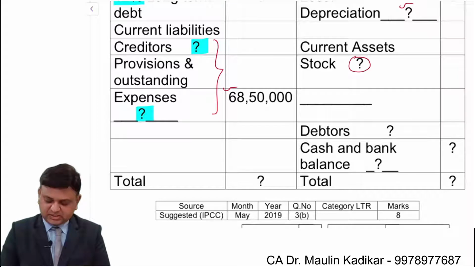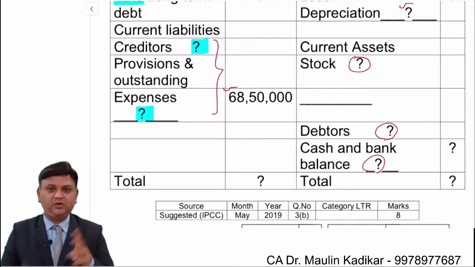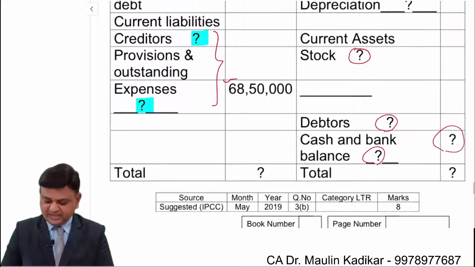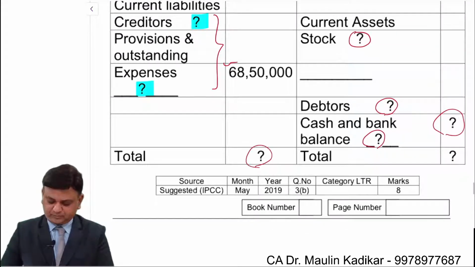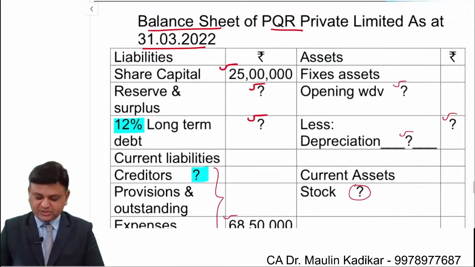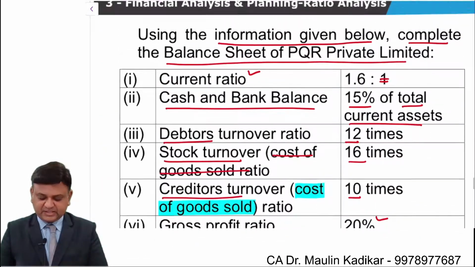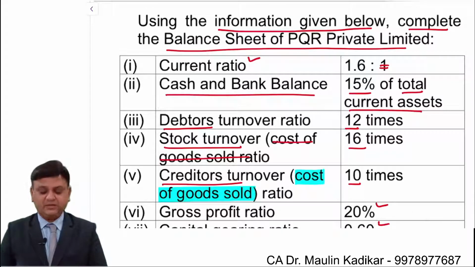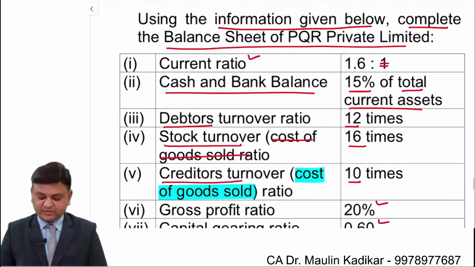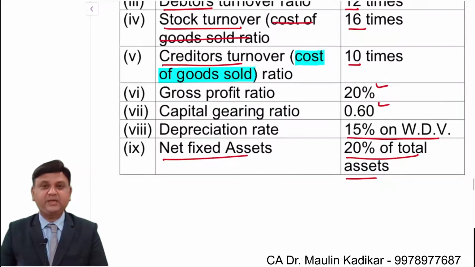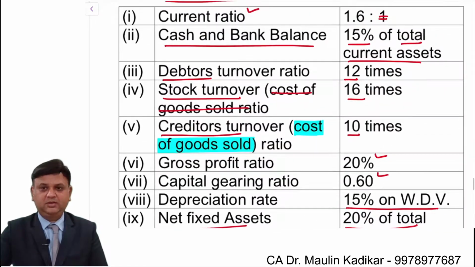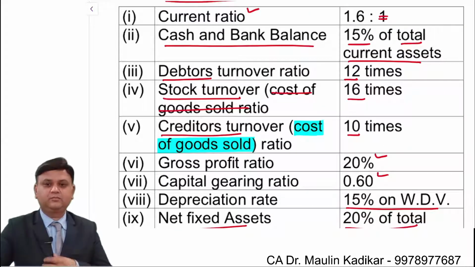Current assets consist of stock, debtors, cash and bank. We do not know the individual values, nor do we have the total. The total of the balance sheet is also not provided. We are required to consider this information for the purpose of calculating the balance sheet.